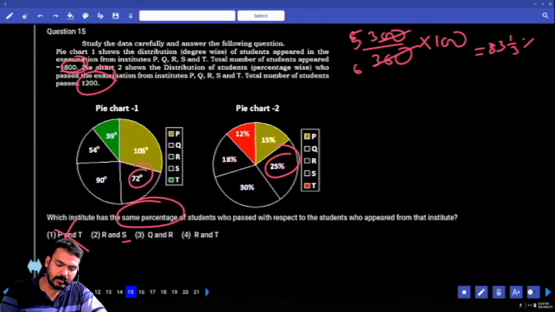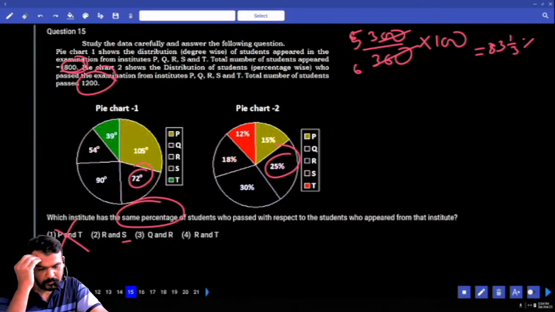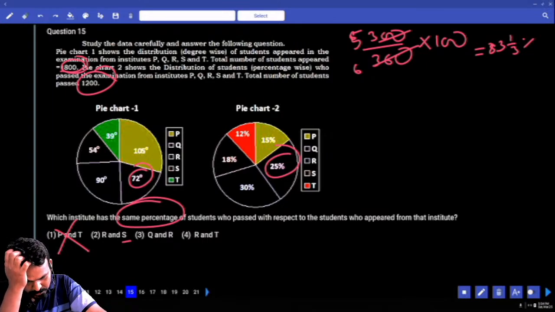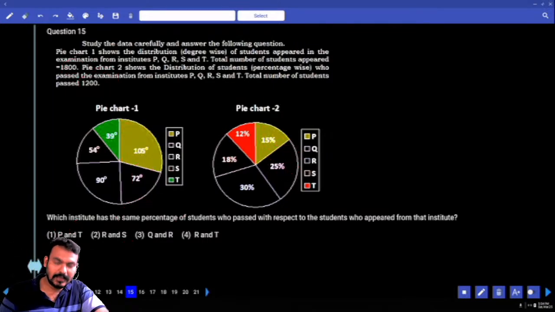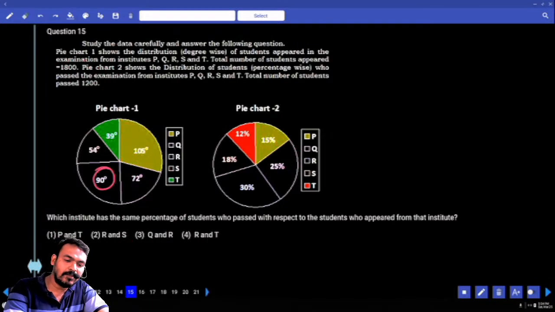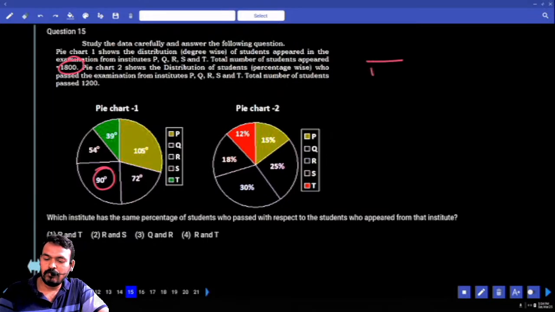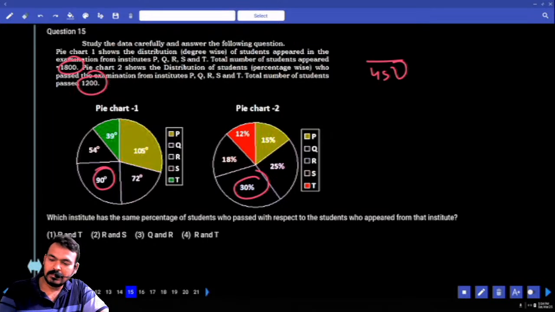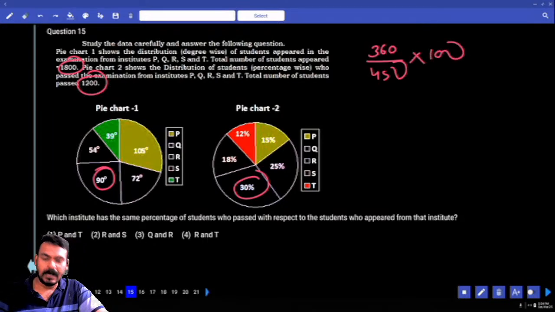Next, again we require which one? R. What is R in the first diagram? 90 degrees means 1/4. What is 1/4 of 1800? 450. Next, what is 30% of 1200? 360. 360 by 450 into 100. Again we require which one? The S value.